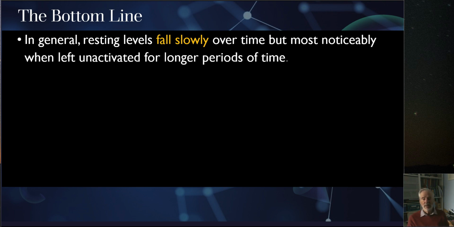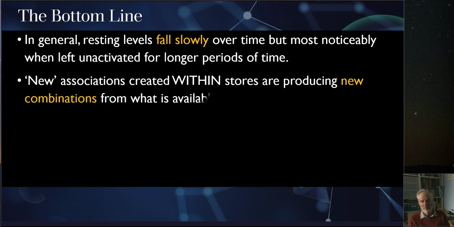So in general, resting levels fall slowly over time. They will always fall slowly, but they will be reinvigorated, of course, every time the representations involved get activated. But most notably, this falling aspect is most noticeable when a representation is left unactivated for a longer period of time.